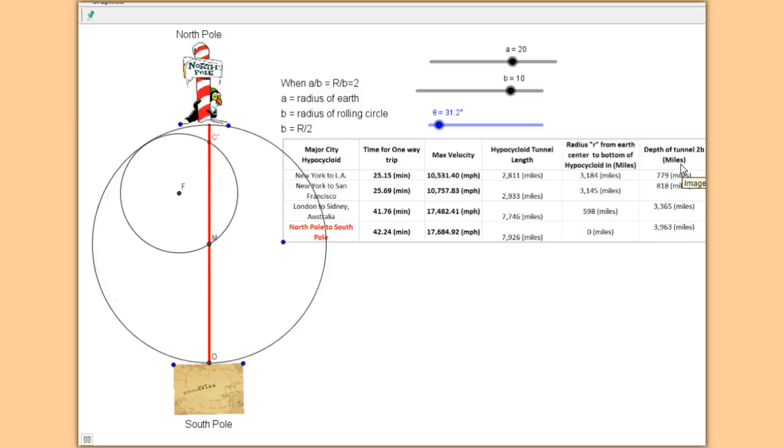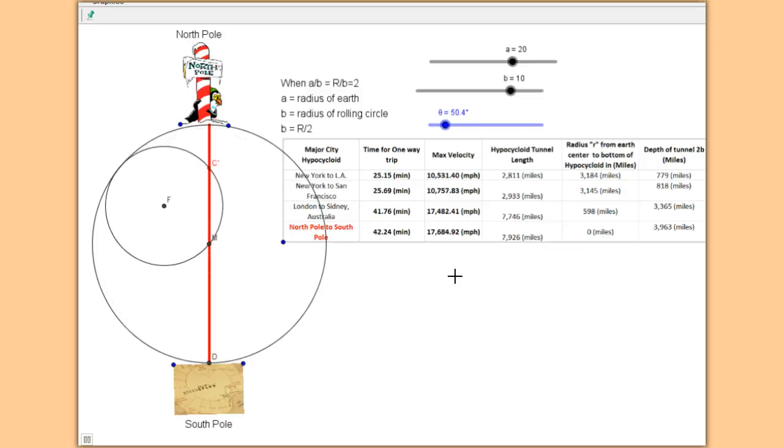And the depth of the tunnel 2B is equal to the radius of the Earth, 3,963 miles. And as you can see, our 2B rolling circle rotates around the center of the Earth. So the diameter is equal to the radius of the Earth.